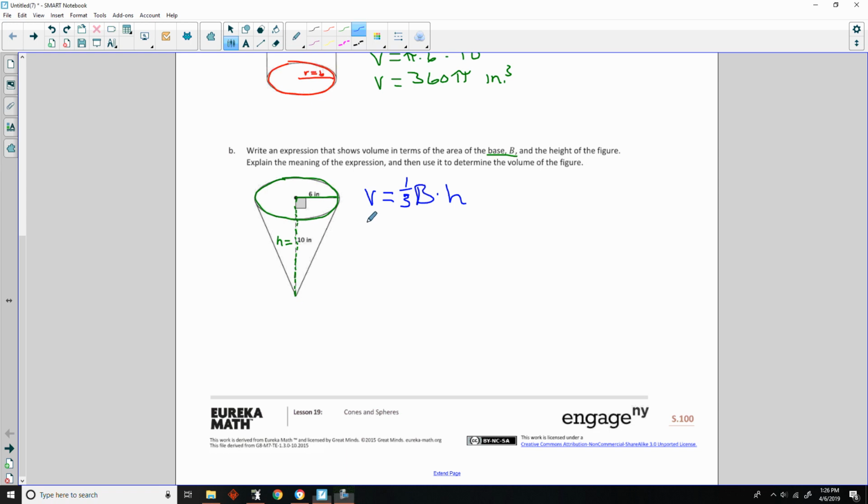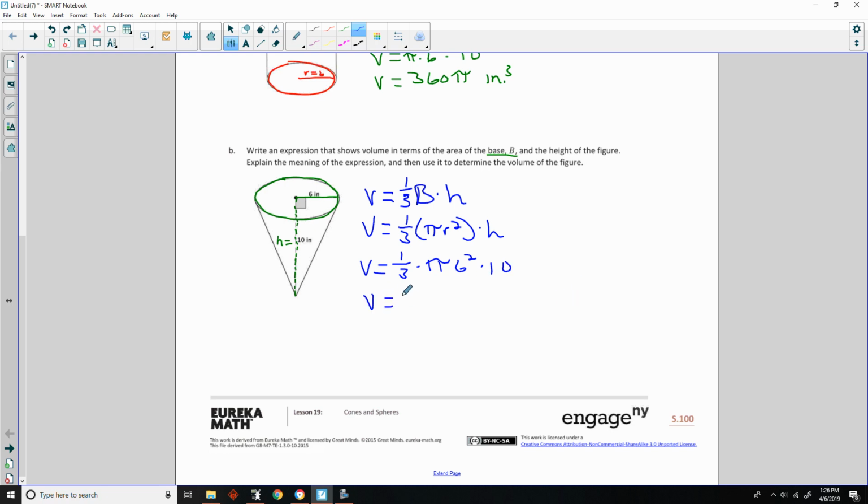Then we substitute in, so the volume now is 1/3, and our base is a circle, so that's 1/3 pi r squared times height. So then we substitute in all of our givens. So it's 1/3 times pi times the radius, which is 6, squared times the height, 10.